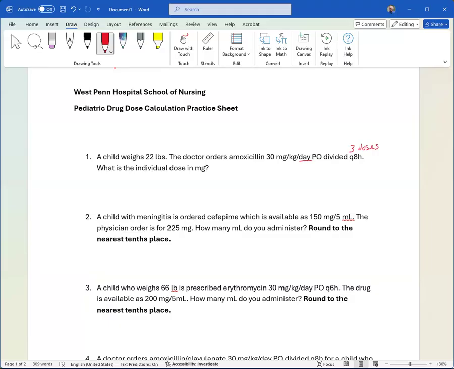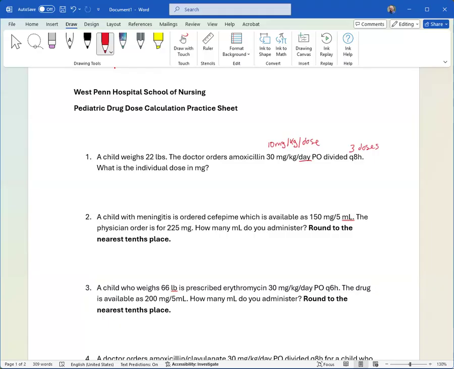One of the things that I do as a strategy is if it's in 3 divided doses, instead of worrying about the 30 milligrams, I'm just going to calculate for the 10 milligrams per kilogram per dose, because 1/3 of 30, or 30 divided by 3, is 10.